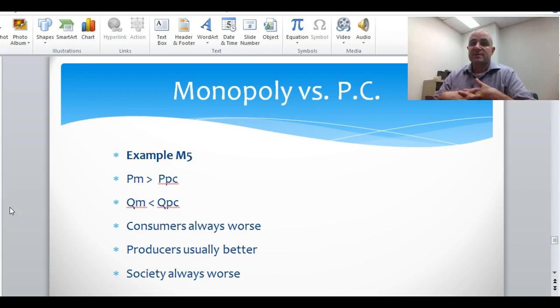So we talked about this concept of market failure. One of the reasons for market failure is because of a monopoly. Because they're selling at a higher price and a lower quantity, society as a whole is not benefiting to its maximum potential. So that is one of the downfalls of a monopoly.